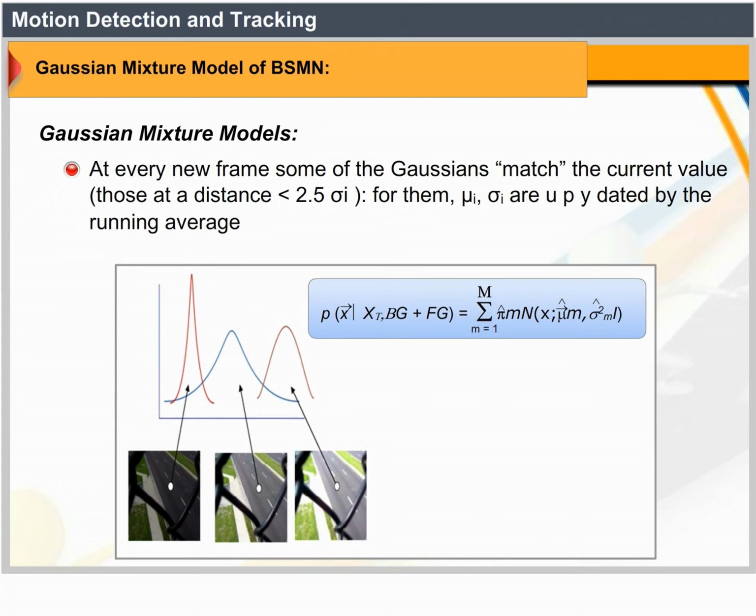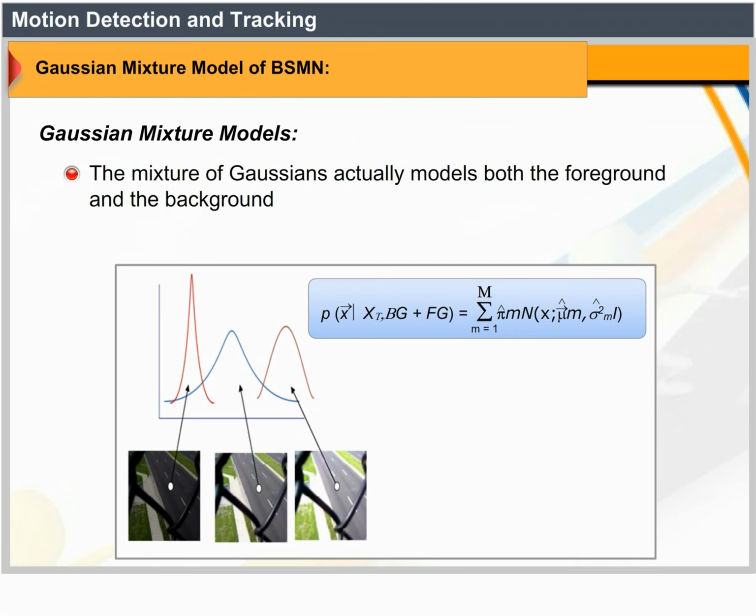At every new frame, some of the Gaussians match the current value, those at a distance less than 2.5 sigma i. For them, mu i and sigma i are updated by the running average. The mixture of Gaussians actually models both the foreground and the background.